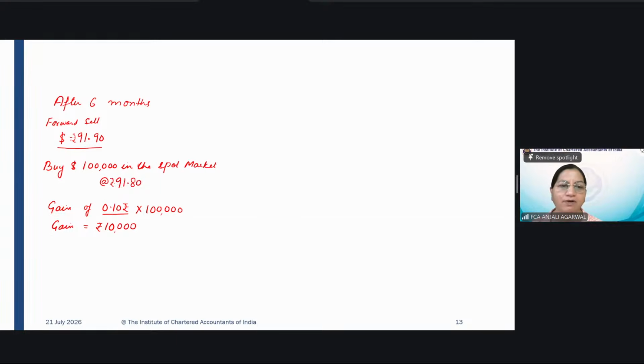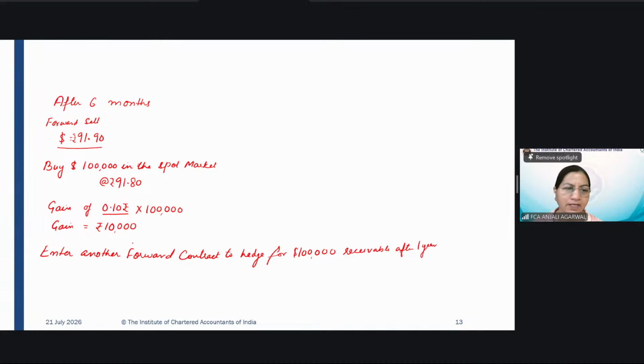Now you have 1 year after which you will receive your $100,000. So you enter into another contract to hedge yourself for $100,000 receivable now after 1 year.